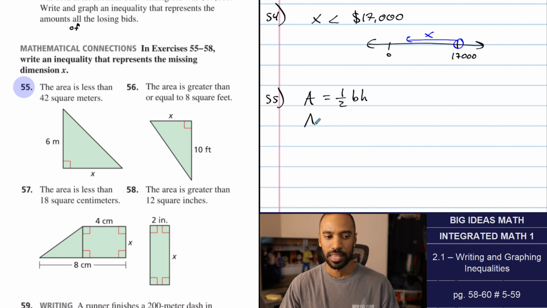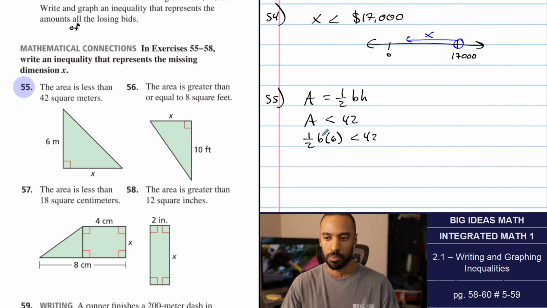The area is less than 42 square meters, and our height is 6. 1/2 times 6 is 3. 3 times b has to be less than 42.